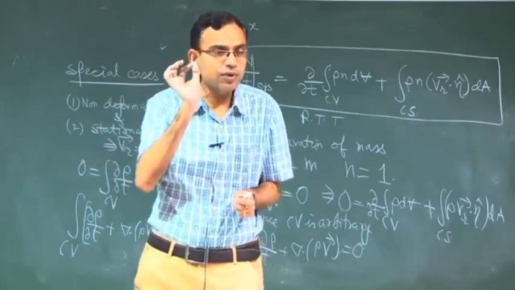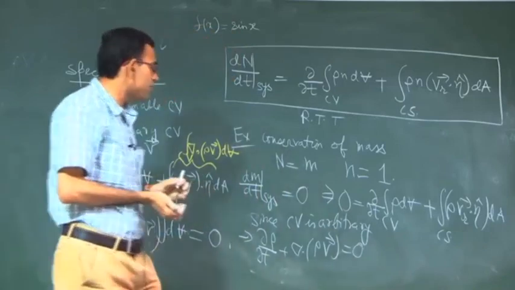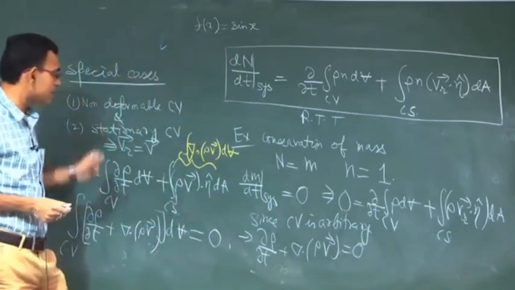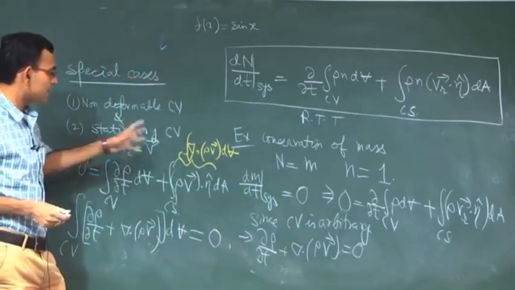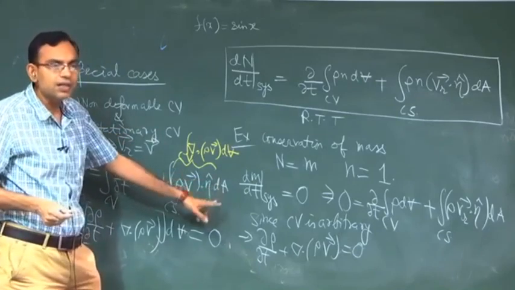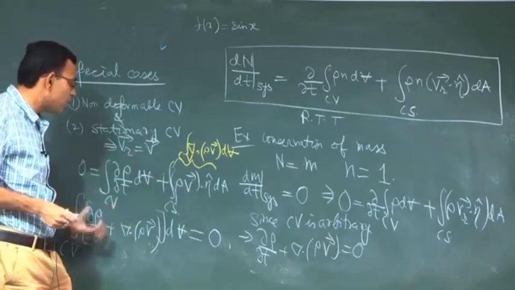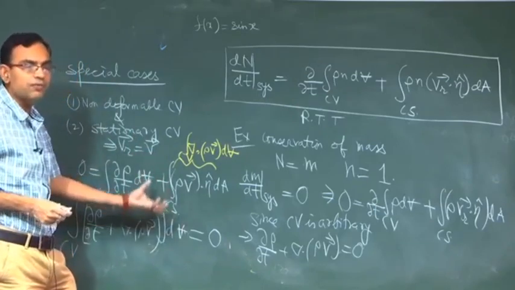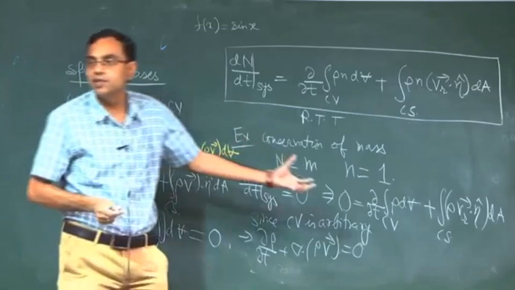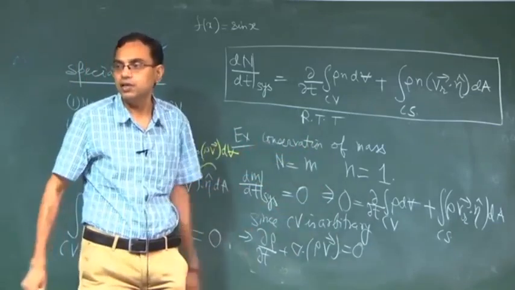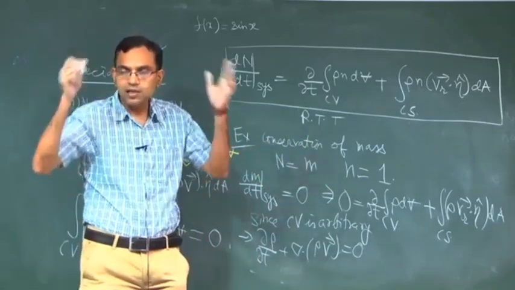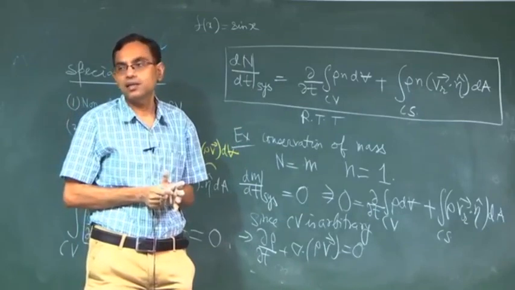This is the skill that we have learned, and how we have implemented the skill is very simple. Wherever there is a surface integral, we convert that into a volume integral through the divergence theorem and set the volume integral equal to 0. Because the volume is arbitrary, the function itself is 0, which gives rise to the differential equation. This is the structure that is under concern.